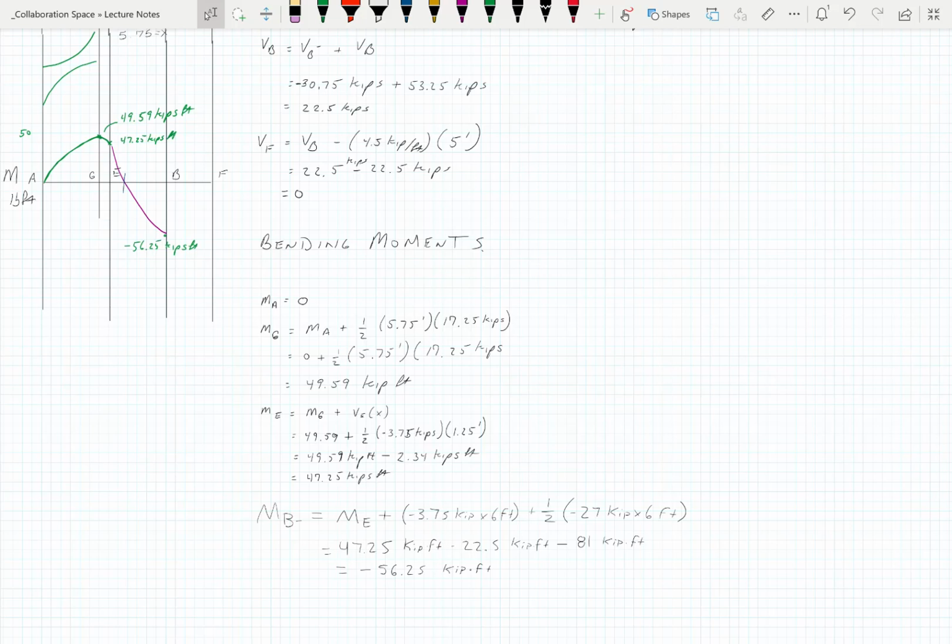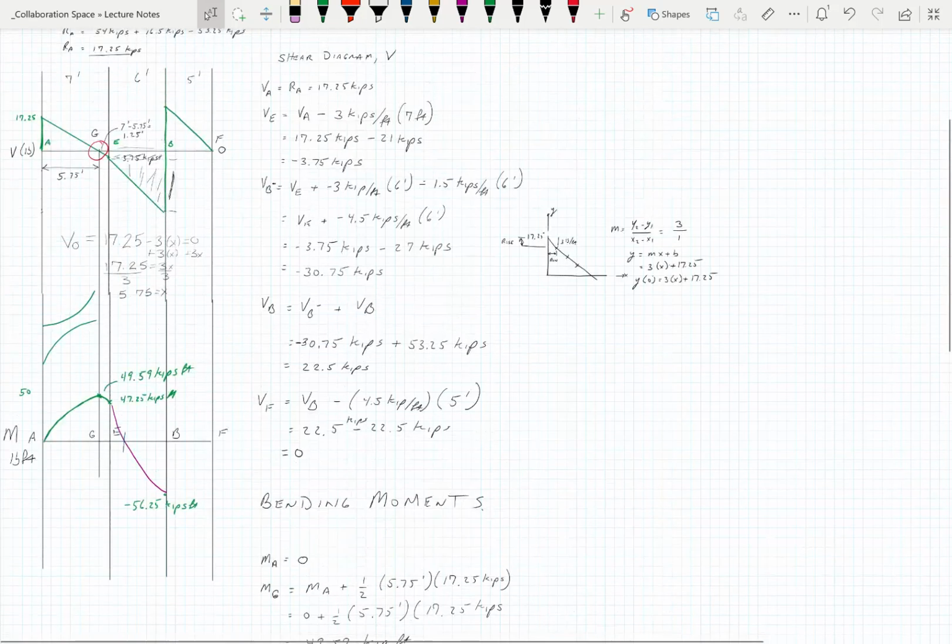Pull that back down. Got it, Eric? Cool. I'm going to get that Shear diagram out. And you're up. Go to the board. Go to the tablet.